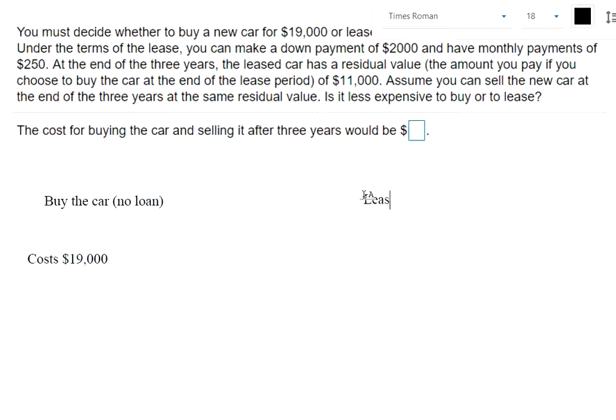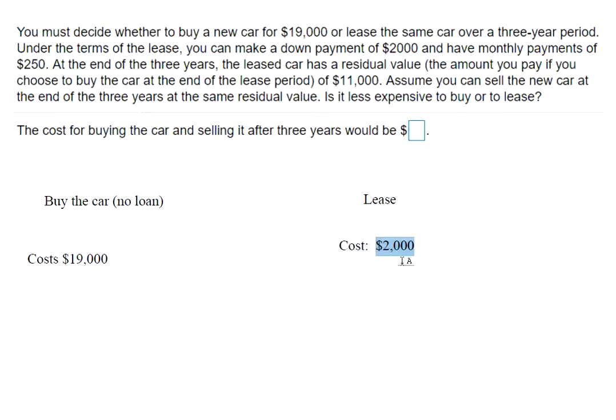The lease option is the funny business option. The cost is going to be $2,000, and then monthly payments of $250.